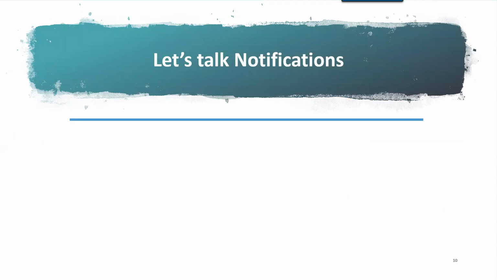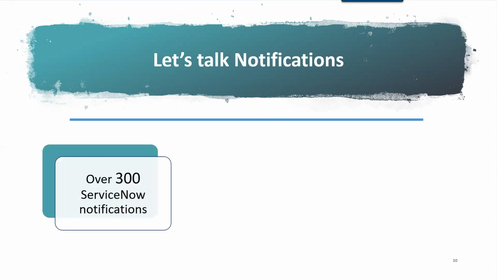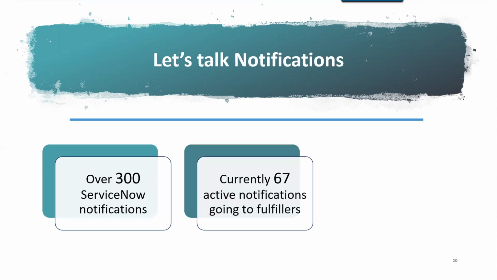Okay, so today I'm talking about notifications, and just wanted to start off with a couple neat facts. ServiceNow has over 300 notifications. That's a lot. And we don't currently utilize all of them, but there are 300 notifications that ServiceNow can offer. We are currently using 67 of them.